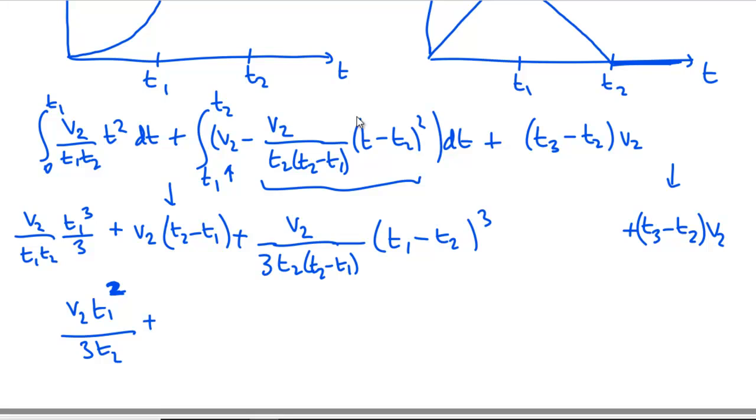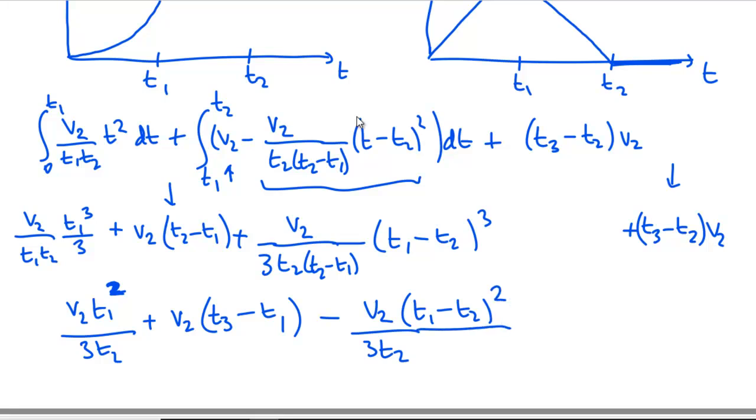The v2 t2s are cancelling, so we're going to have a v2 t3 minus t1. And then we're going to have, T2 minus T1 will cancel if we put in a minus sign. V2 over 3T2 multiplied by T1 minus T2 squared.